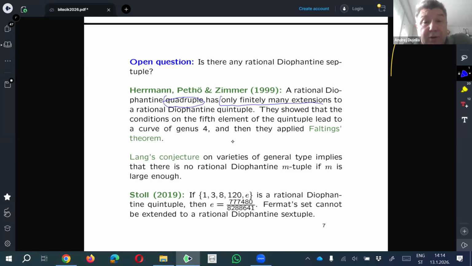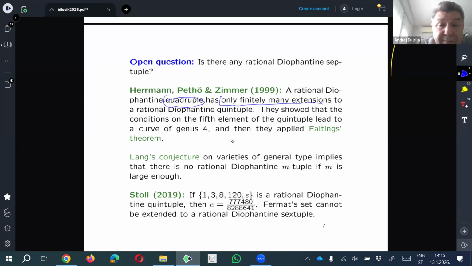This approach also gives some idea why we should have some absolute upper bound for the size of rational Diophantine tuples, because the Lang conjecture on varieties of general type implies that if we have a curve of genus greater than 1, there should be some upper bound for the number of rational points. So these are ineffective results and conjectures, but there is also a very concrete result solving an open problem from the time of Euler.